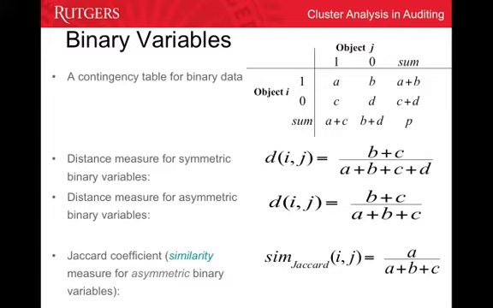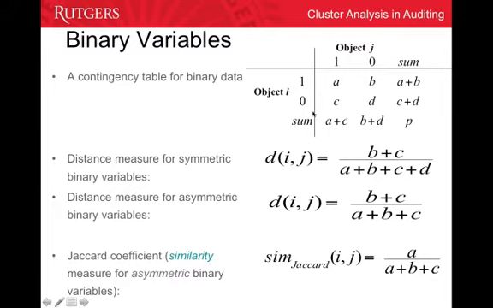But if each attribute for these two objects is a binary variable, where the value of each attribute is either 1 or 0, we could get this contingency table for these two binary data in order to calculate their distance or dissimilarity.